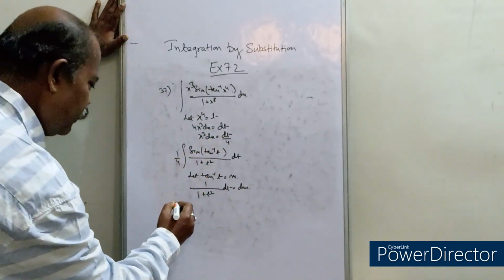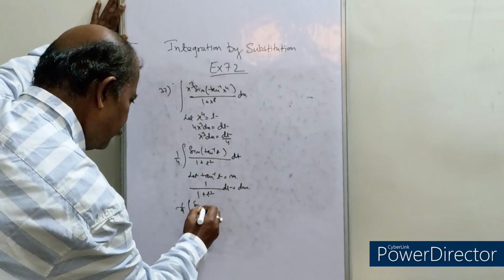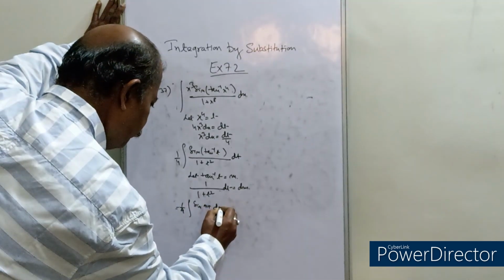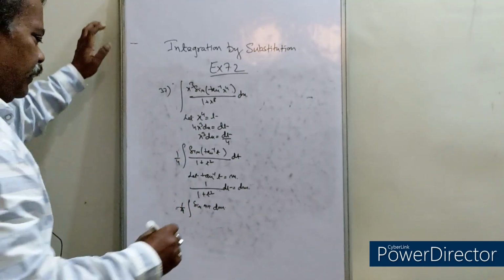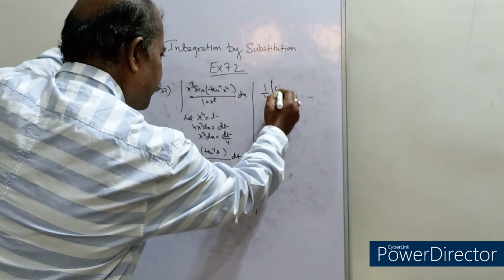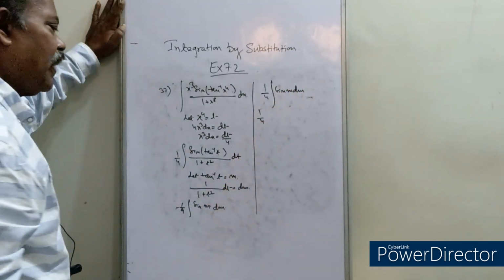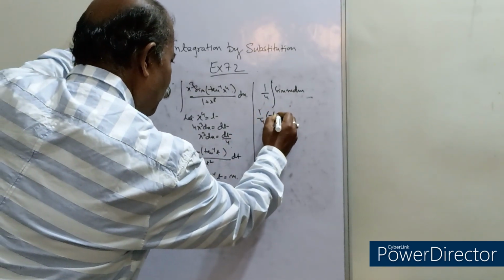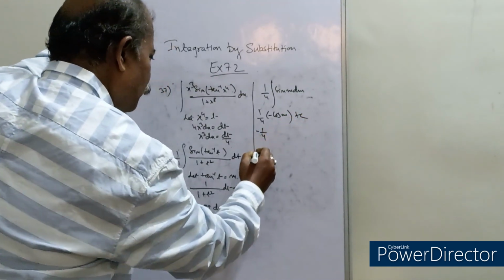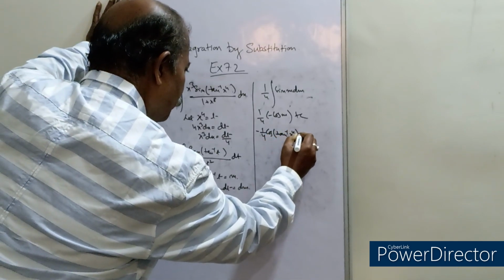So here this will come out to be 1 by 4 sine m dm. Now when I integrate this, the integration of sine is minus cos m plus c. So minus 1 by 4 cos m, that is minus 1 by 4 cos of tan inverse x to the power of 4, plus c.